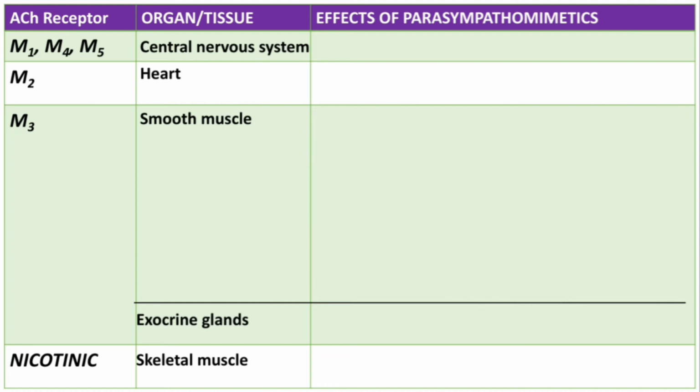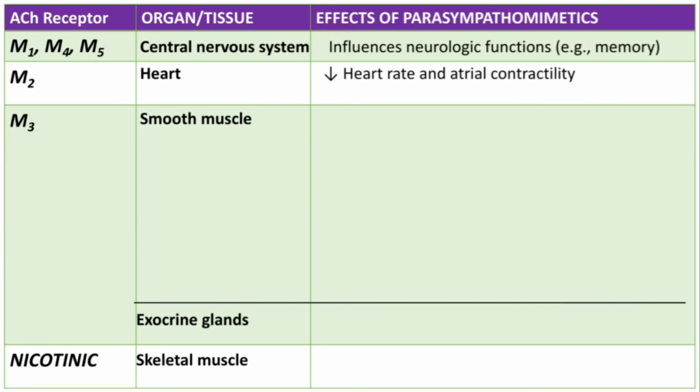If those drugs stimulate, for example, M1, M4, M5 in the central nervous system, this will influence neurologic functions, memory, etc. If you stimulate the M2 receptors in the heart, this will decrease heart rate and atrial contractility, and this will in turn slow down the AV conduction, which can cause AV block.